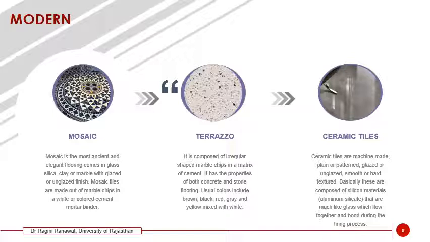You can play with colors by choosing differently colored marble chips and even glass, and normally the colors that are available are brown, black, red, gray, and maybe cream or yellow mixed with white.